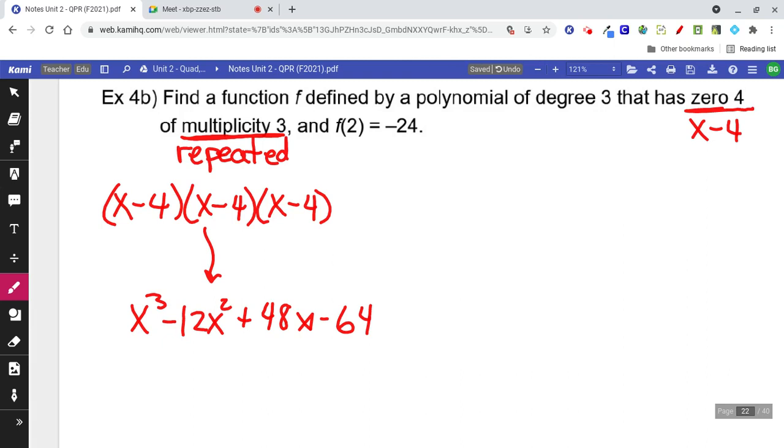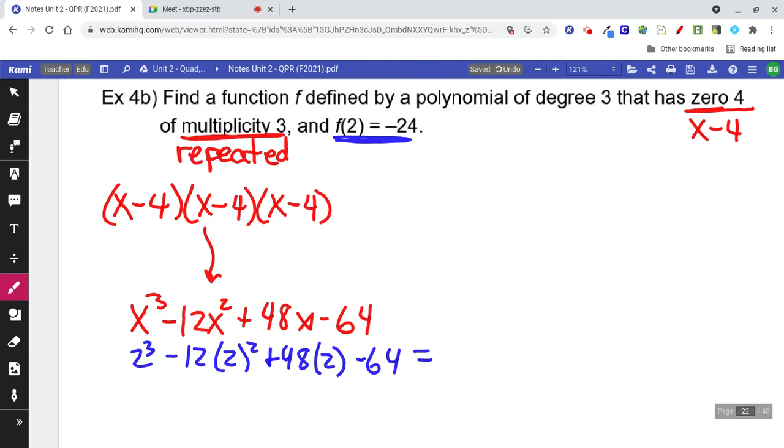All right? So is that the answer? Well, not quite, because when we plug in 2, we're supposed to get negative 24. So if I plug in 2 cubed minus 12 times 2 squared plus 48 times 2 minus 64, if I plug in 2, I get negative 8. Do I have a mistake here? When I plug in 2, I get negative 8.